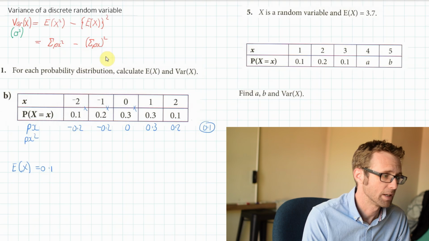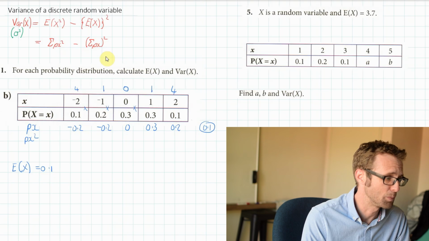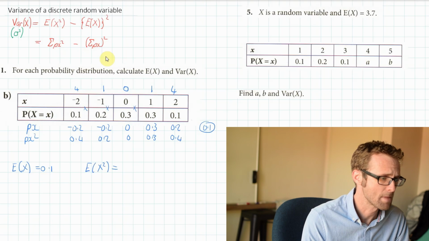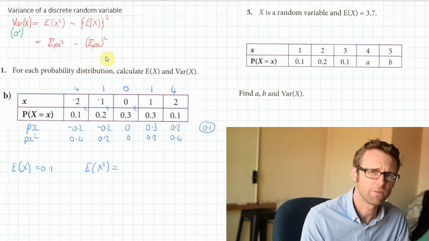Now, x squared is going to be 4, 1, 0, 1, 4, and therefore x squared p(x) is going to be 0.4, 0.2, 0, 0.3, and 0.4. When we add all of those up, what do we get? I think I'm getting 1.3 for this. It should be 1.3.